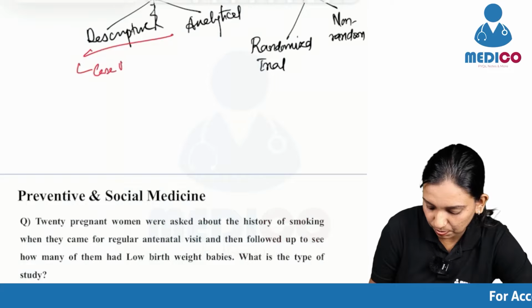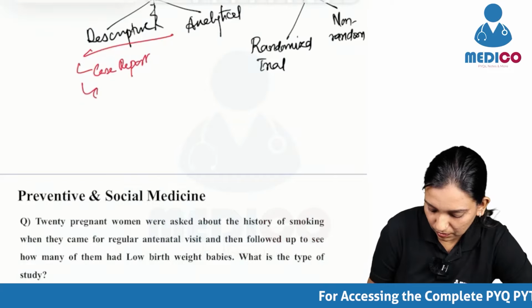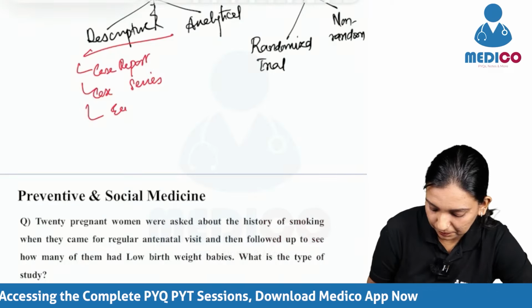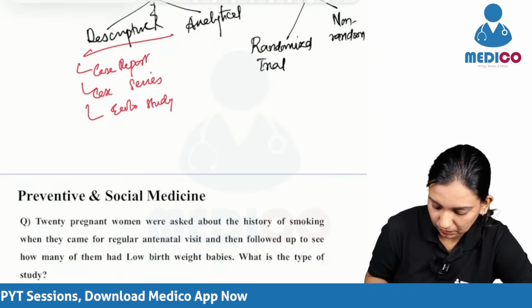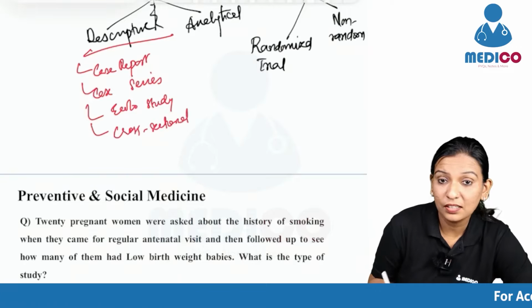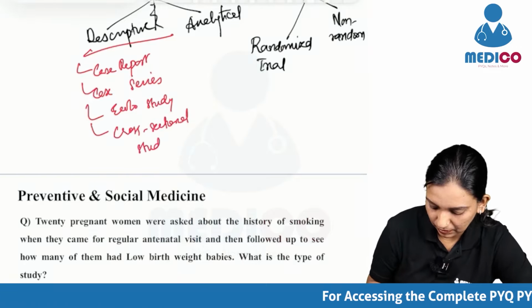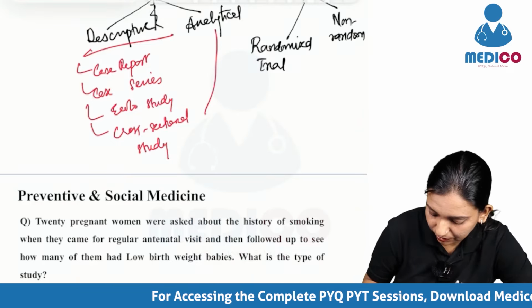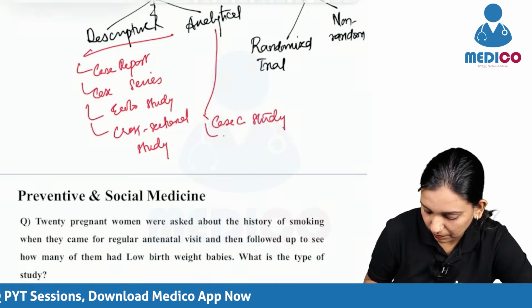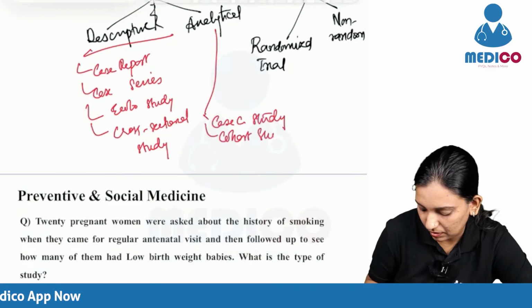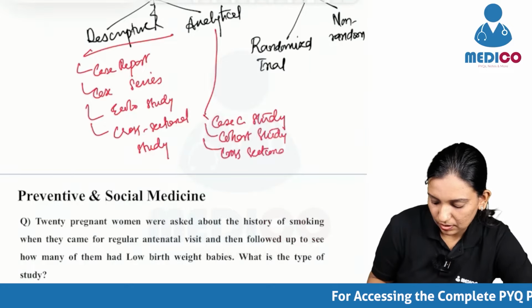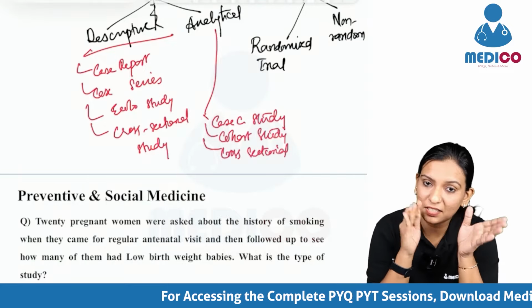You have your case report, case series, then ecological study, and cross-sectional studies. These are all descriptive studies, okay? And under analytical, you have your case control study, cohort study, again, cross-sectional studies. See friends, cross-sectional study can be either descriptive or analytical.